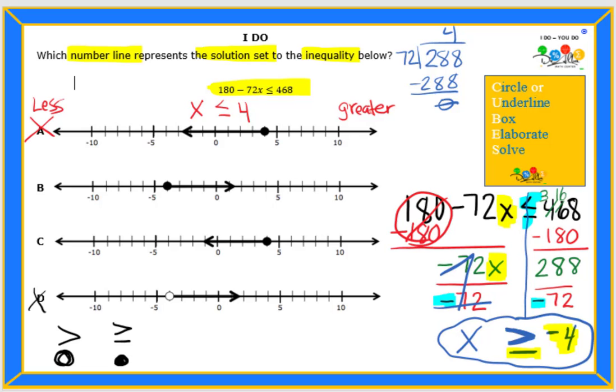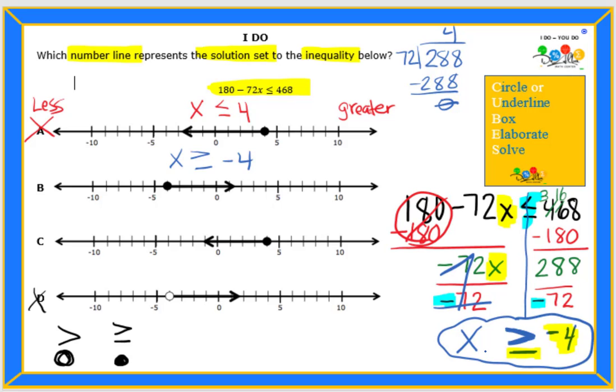This one is saying x, and you see that the numbers are going to the right, so greater than. It's a closed circle, so it can also be equal to, and this number right here: 0, negative 1, negative 2, negative 3, negative 4. So x is greater than or equal to negative 4. That looks just like my solution set. So I'm going to keep that one in consideration.